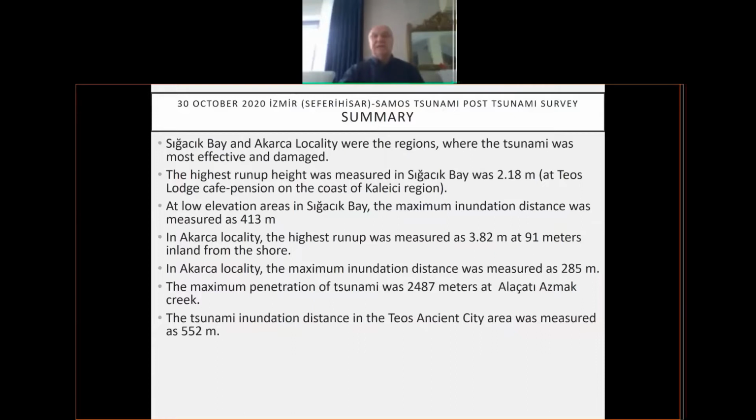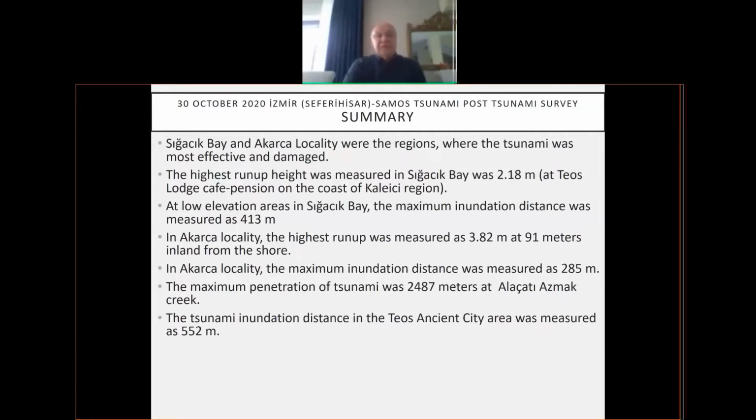According to our observations, we can make a summary here. First of all, the Sığacık and Akarca regions are the most hit areas of the tsunami. The highest run-up measured was about 2.18 meters at Teos Lodge Cafe, and in Sığacık a 413 meter inundation was observed. In Akarca, 3.80 meters run-up was observed at a location 91 meters inland.